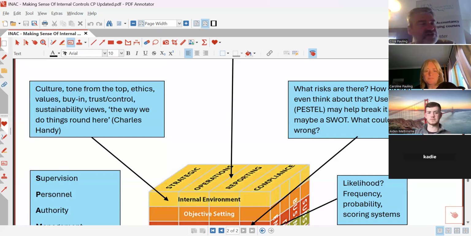So, what does PESTLE stand for? Political risks: what might the government do that will really upset us as an organization? You've got environmental risks to think about as well. Social risks, so demographic changes in society, that sort of thing. Technological risk.